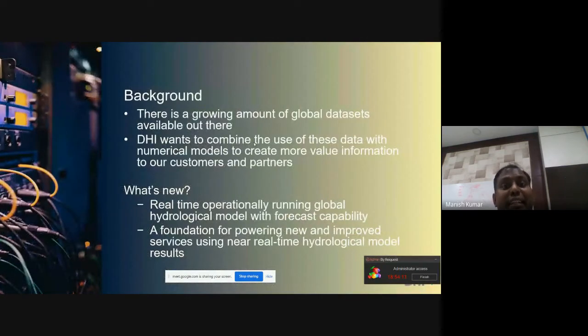The reason is that now we have lots of global data sets available, and we just need to find a way to extract particular catchment parameters from those global data sets.